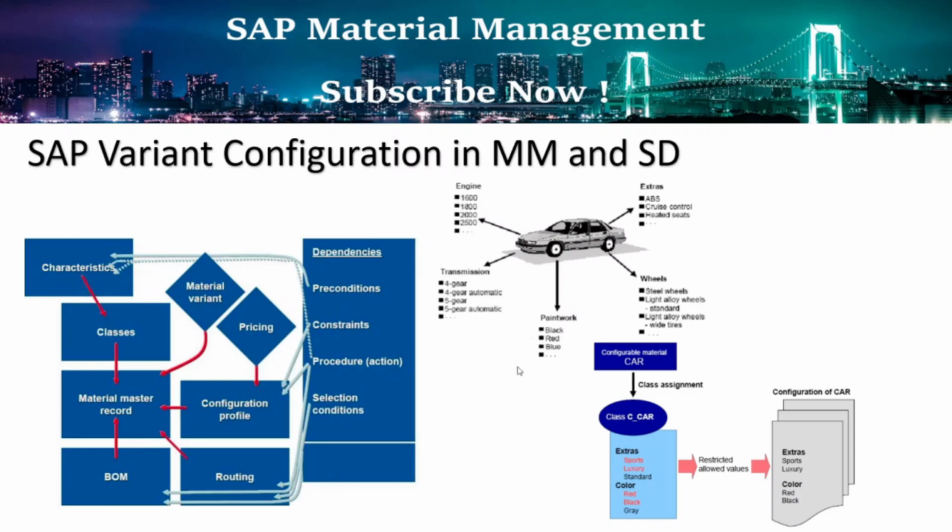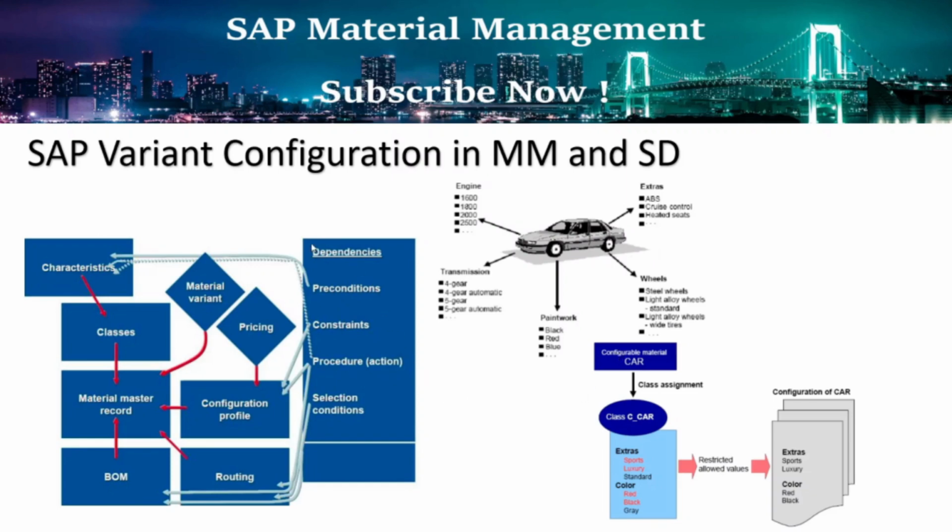For example, to get the values from SD, we will use the structure SDCOM, that is the communication structure between SD and the variant configuration. In the same way, we will use MMCOM, that is a communication structure between MM and the variant configuration.